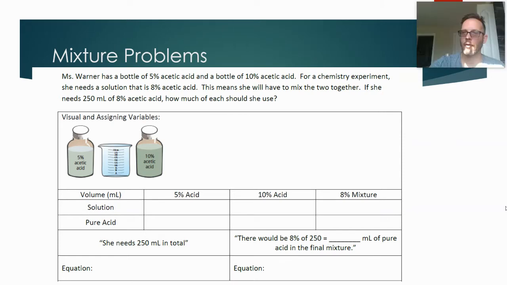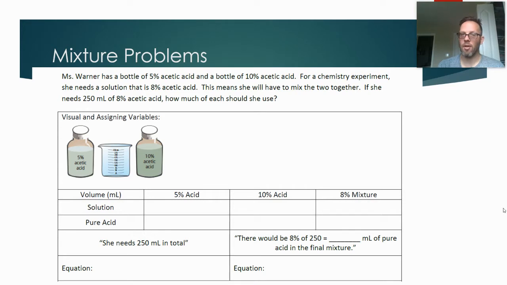So this is a bit more of a relevant problem. Miss Warner is a chemistry teacher, and she has a bottle of 5% acetic acid and a bottle of 10% acetic acid. If you don't know what that means, it means in the first bottle, 5% is acid and 95% is water.